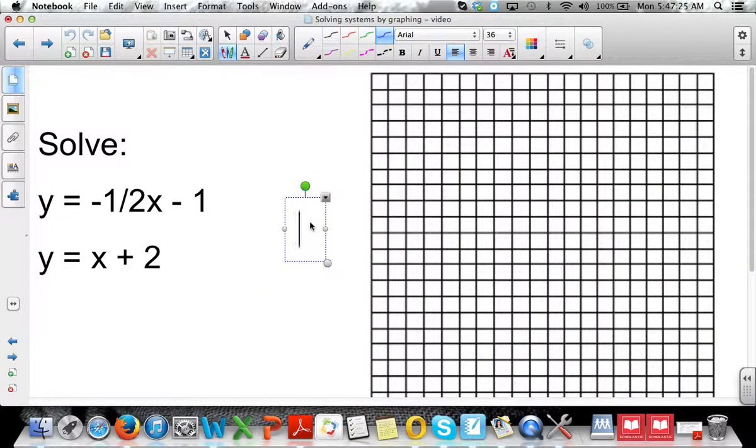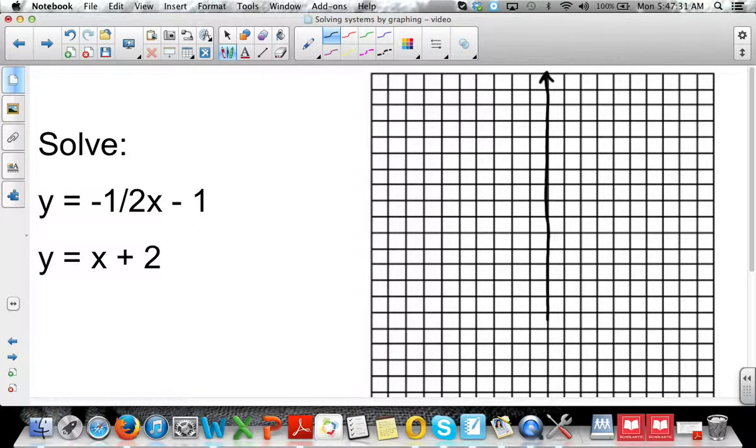Okay, so now this one. My first line goes through -1. My -1/2 means go up 1 over 2 to the left.